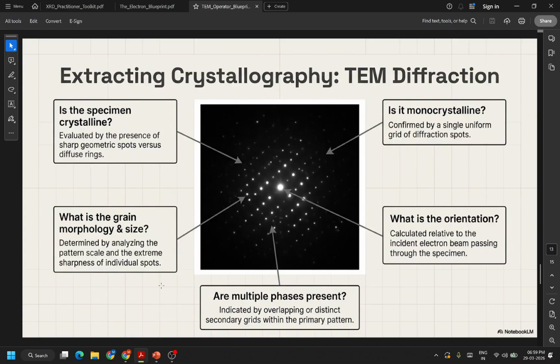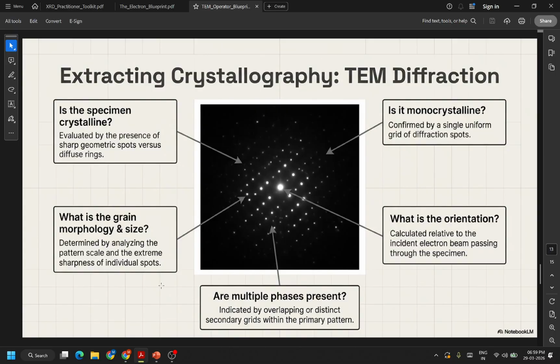If you are getting very sharp spots, then the sample is crystalline. Next, you can see if the sample is monocrystalline. Monocrystallinity is confirmed by a single uniform grid of diffracted spots. If it's polycrystalline, there will be multiple grids of diffracted spots, whereas for monocrystalline only one grid will be there.